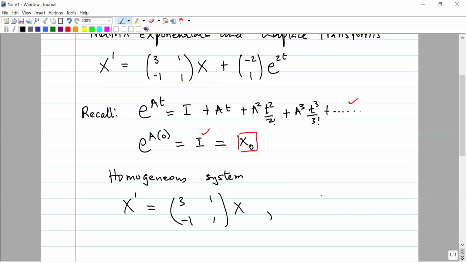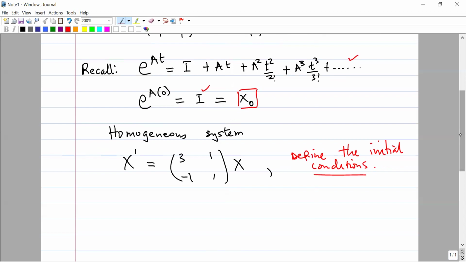Usually, this is where you define the initial conditions. Okay, but we don't have them here. So we just have to put the vector c, which could be c1, c2 in general. But when you have the initial condition, you will be able to find c1, c2, or in general, the vector c.